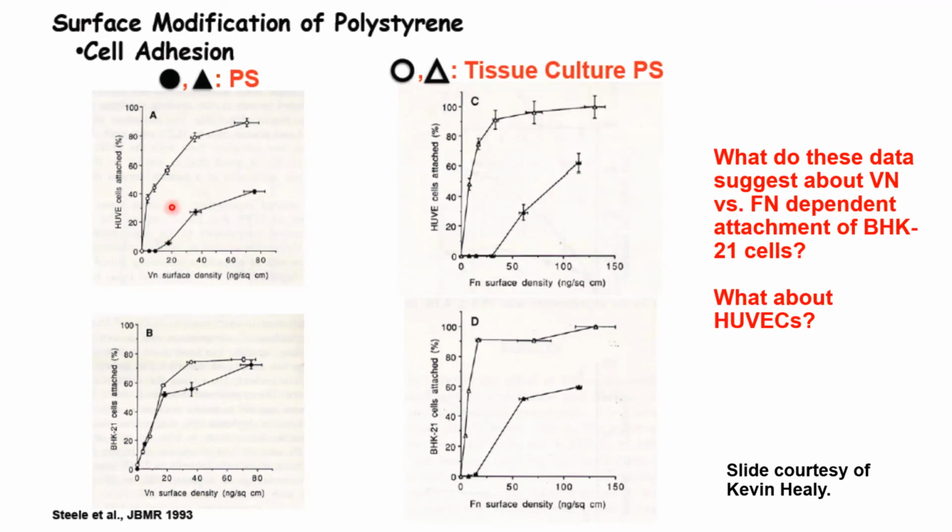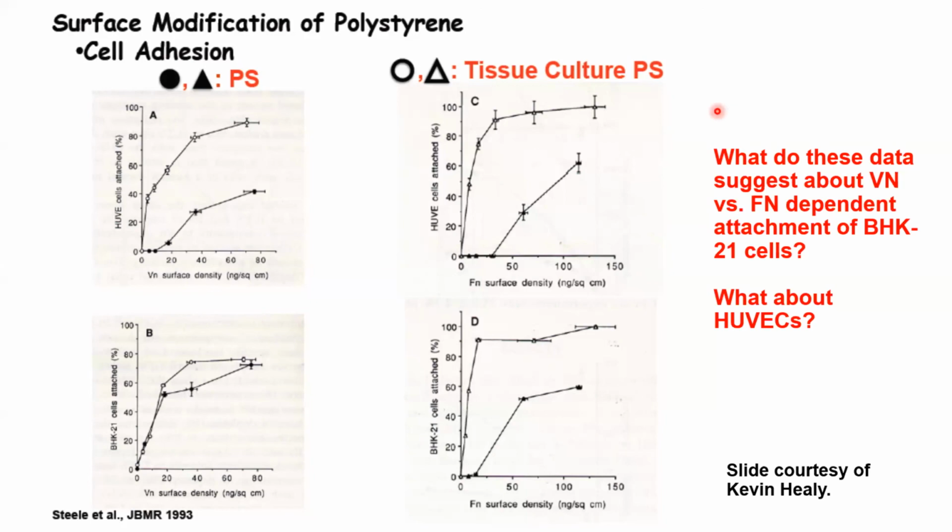Is it the black regular polystyrene, or is it the open tissue culture polystyrene? So tissue culture polystyrene, give me a thumbs up. Regular polystyrene, give me a clap. Okay, I've got 4 thumbs up, 5 thumbs up, 6. Okay, good. This is very important, everyone. You all need to get used to voting. All right.